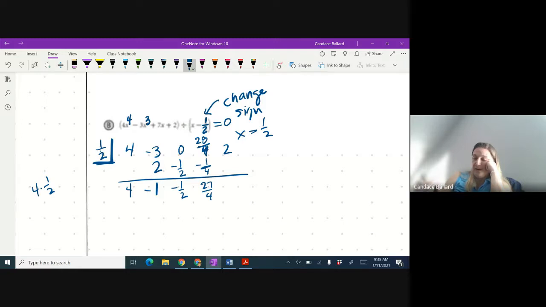And then 1/2 times 27 fourths would be 27 eighths. And I'm sorry for the terrible example. I don't know what has happened to it. All right, and then if I write the 2 in eighths, it would be 16 eighths.